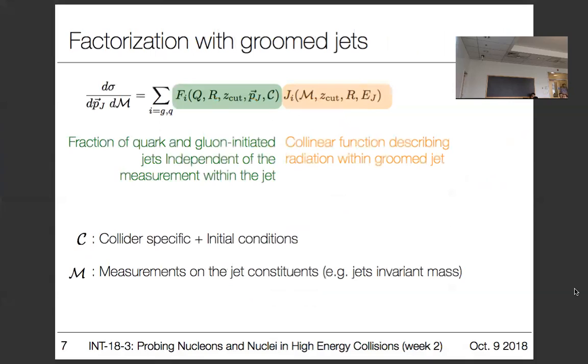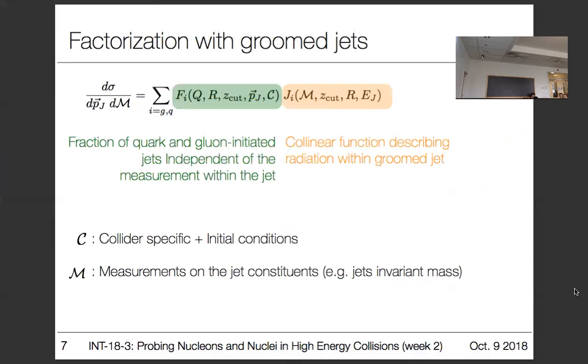So how does the cross section factorize in the presence of groomed jets? You have a weighting function here and a jet function. This weighting function, if we consider a simple example, e+e-, will be the Born cross section times the hard function from the matching of the soft collinear effective theory and QCD, a soft function and a jet function for the recoiling jet.